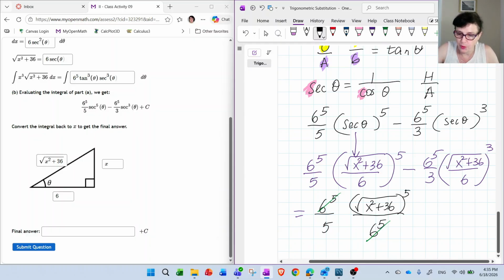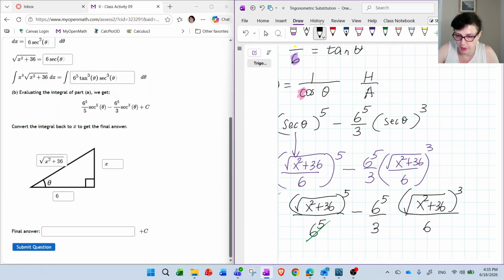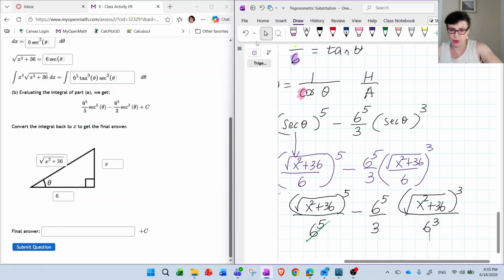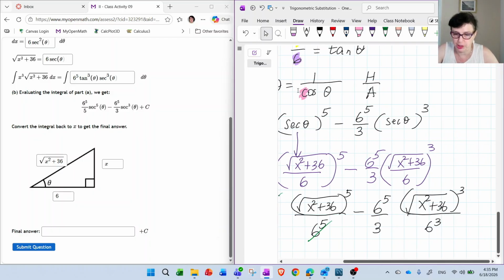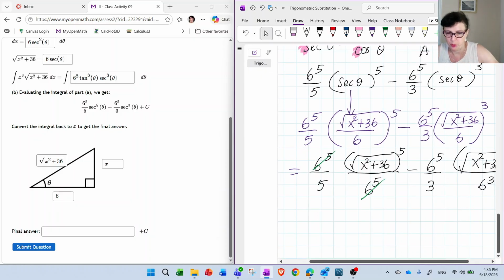The other one, you're going to get 6 to the power 5 divided by 3. Then the square root is raised to the power 3, and 6 is raised to the power 3. We can simplify it also, because 6 to the power 5 divided by 6 to the power 3 is 6 to the power 2, because you subtract the exponents, right?